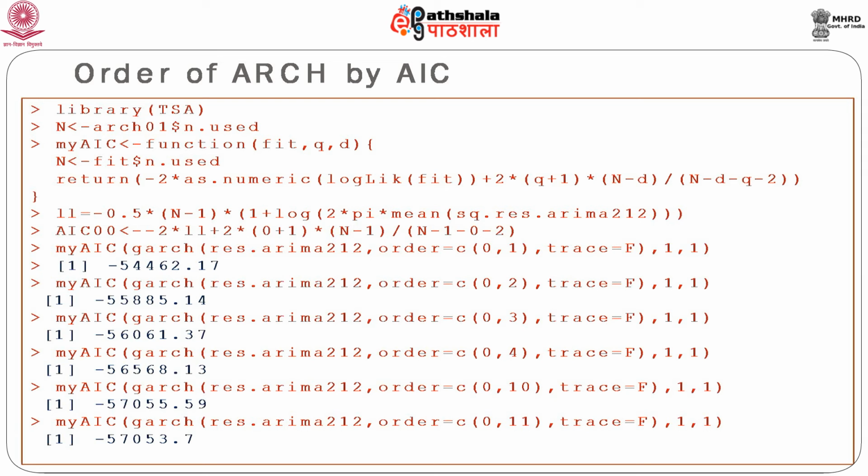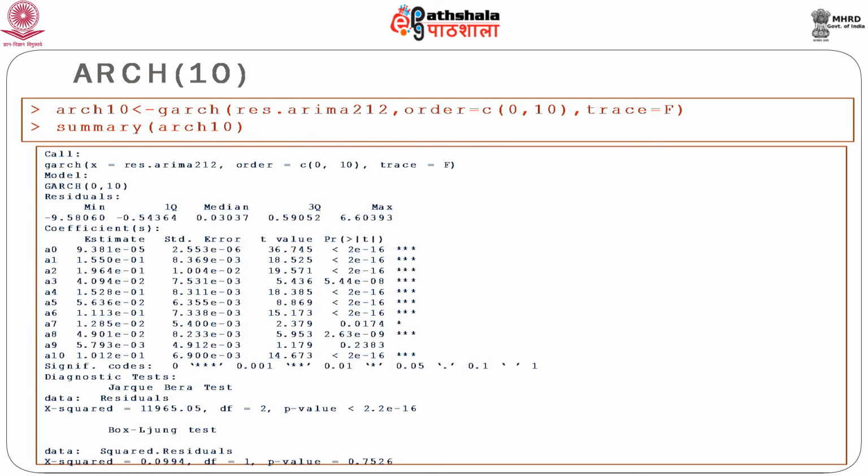If you see the previous output, ARCH 10 shows minus 57,055.59, which is the lowest among all that were explored. So 10 was considered the choice of ARCH order, and to generate the ARCH output, I use the garch function that is available in the TSA package, passing the residual of ARIMA(2,1,2) and order c(0, 10).